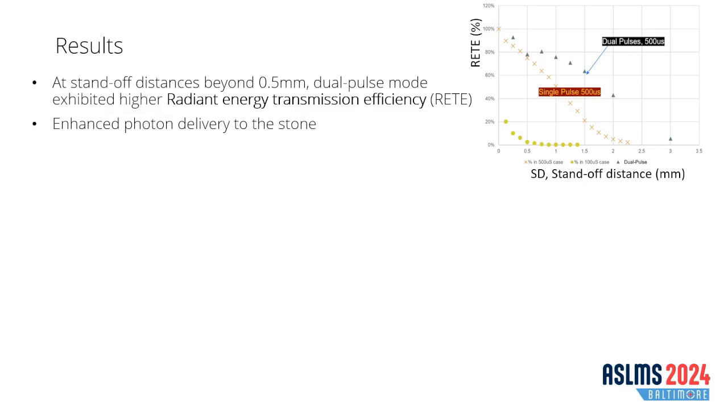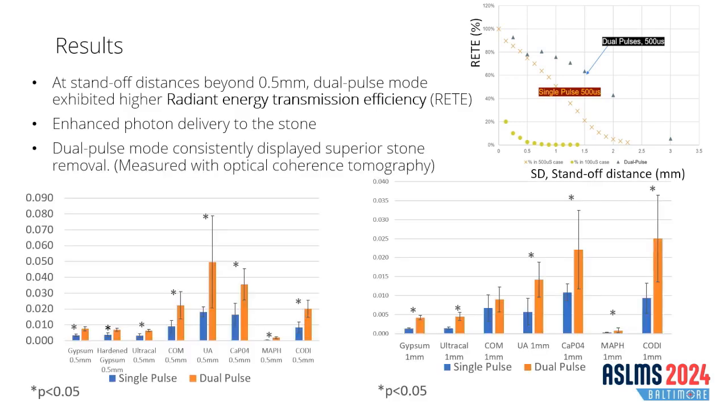This enhanced photon delivery subsequently corresponded to higher volume removal rate using the dual pulse in most of the types of stones at two standoff distances of 0.5 millimeter and 1 millimeter, the more commonly used in the clinic.